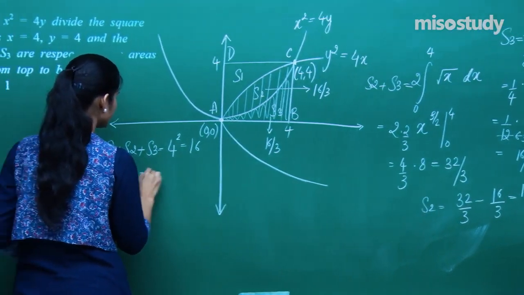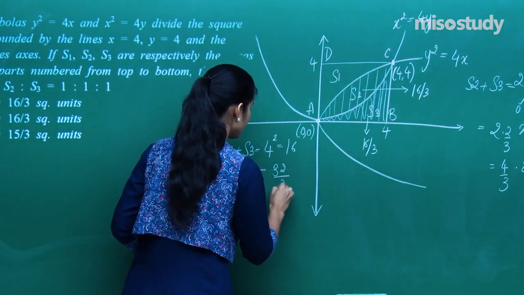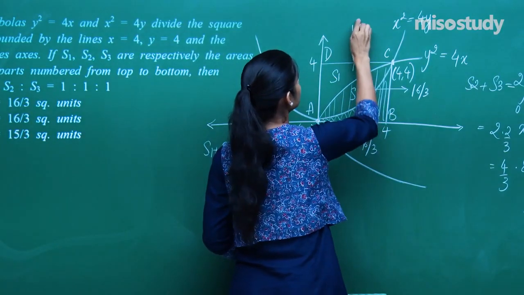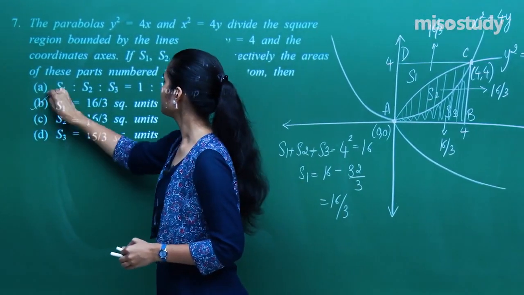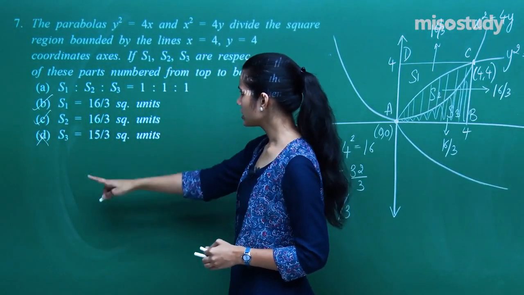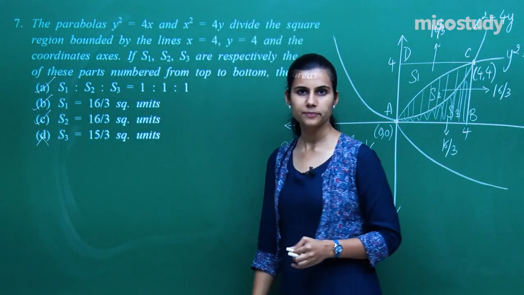So you get S1 is 16 minus S2 plus S3, which is 32 by 3, which again comes out to be 16 by 3. So even S1 is 16 by 3. So S1, S2, S3 are all 16 by 3, and therefore S1 is to S2 is to S3 is 1 is to 1 is to 1.